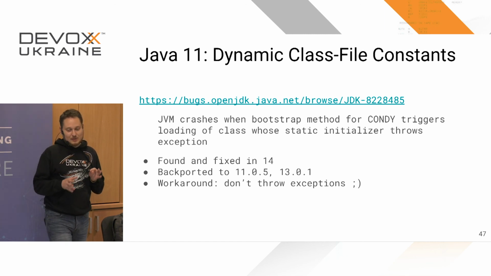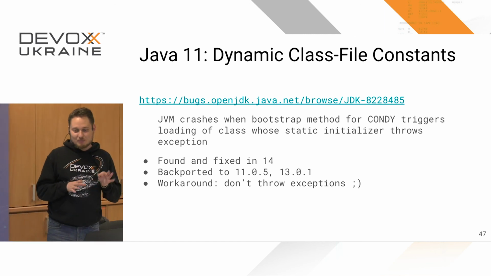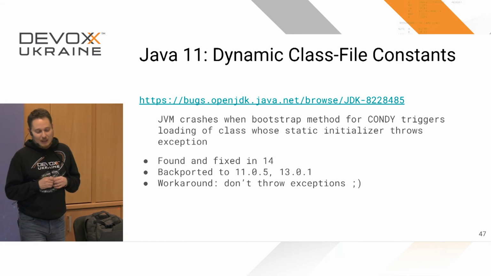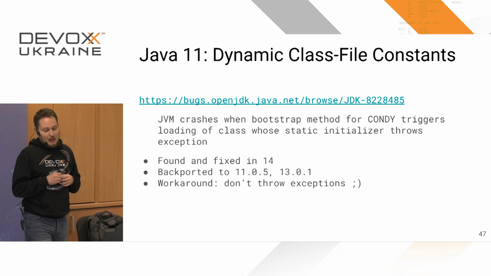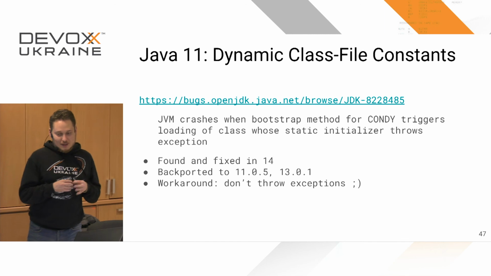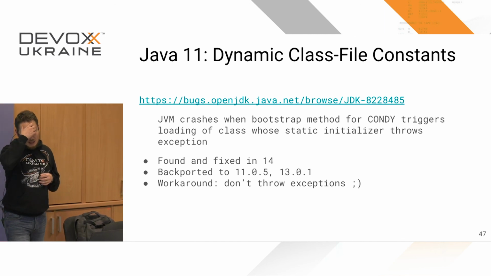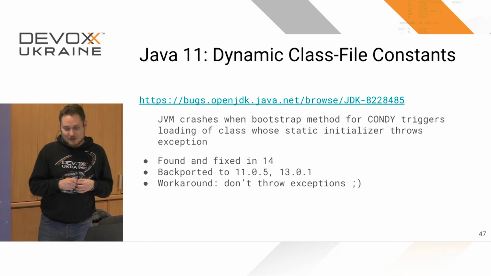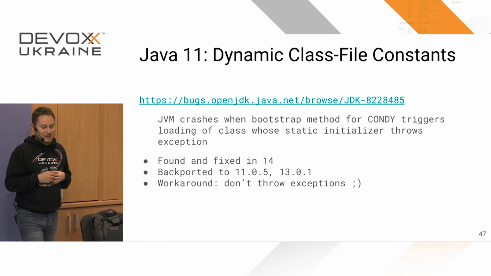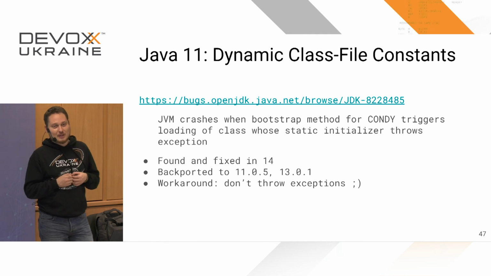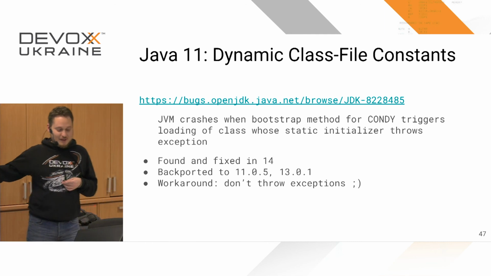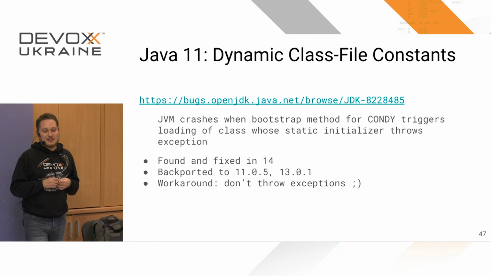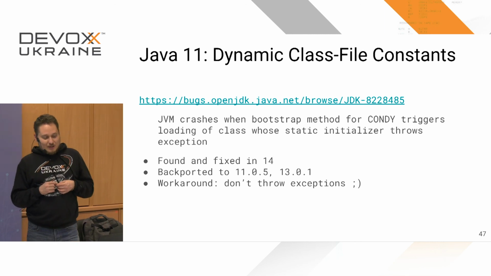Unfortunately, we decided to slightly change the way we do a little bit of initialization. And when we do initialization, we need to throw an exception signaling that the configuration is wrong. Initialization is in static initializers, and sometimes a static initializer throws an exception. In the presence of condy, this crashes the JVM.